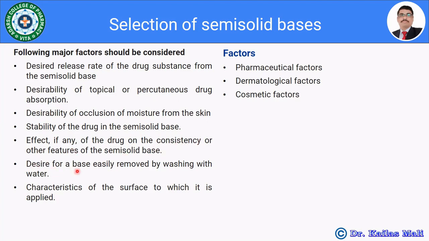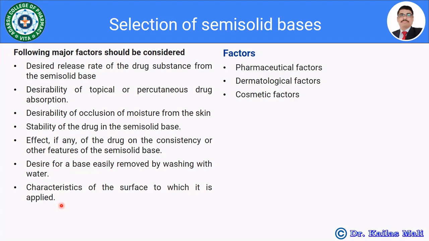Then the desire for a base easily removed by washing with water, meaning water washability. It is one of the important criteria while selecting the bases. And characteristics of the surface to which it is applied, on which surface we are applying the formulation, whether it is an open wound, unbroken skin, or any other affected part.